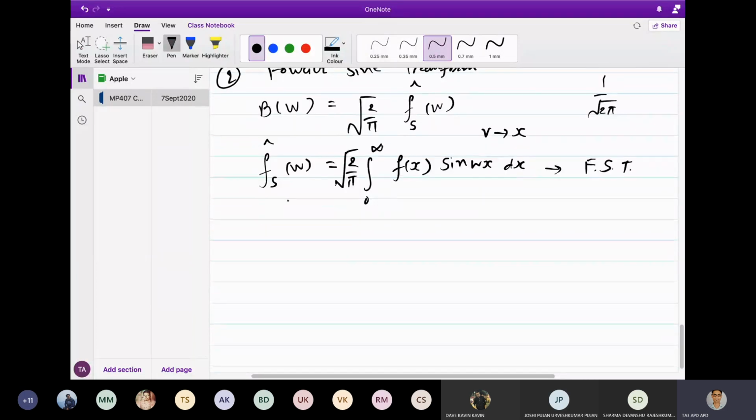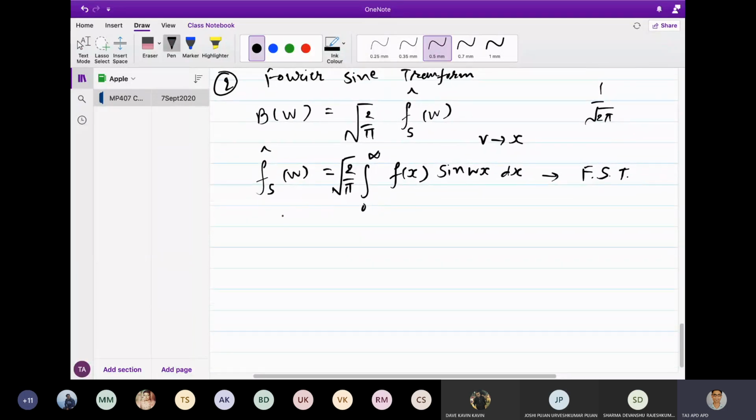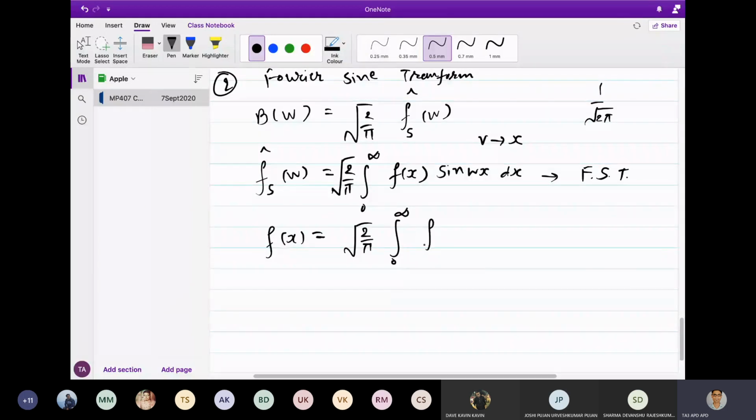Okay, that is the Fourier sine transform, and from this one can write down the inverse Fourier sine transform also. So this is under root 2 over pi, 0 to infinity, f_s hat, and now this will change the parameter from x to w. This is the inverse Fourier sine transform.